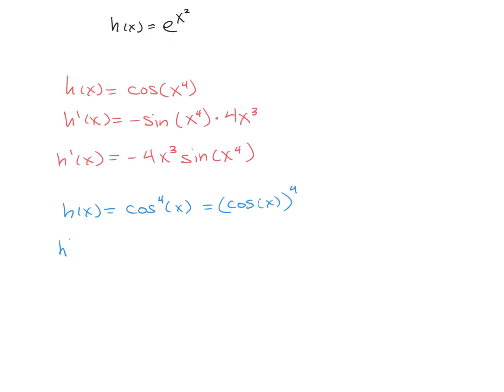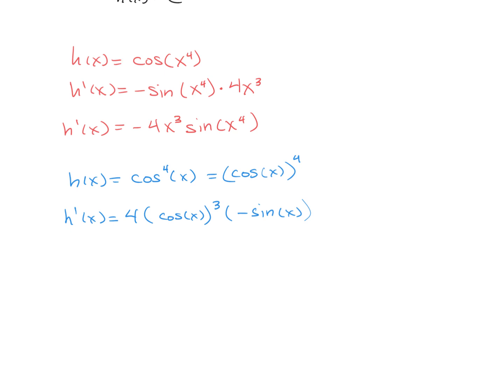So the derivative of the outside is 4 times the inside evaluated again to the third power, times the derivative of the inside, which is negative sine of x. So this derivative is negative 4 times the sine of x times the cosine cubed of x.